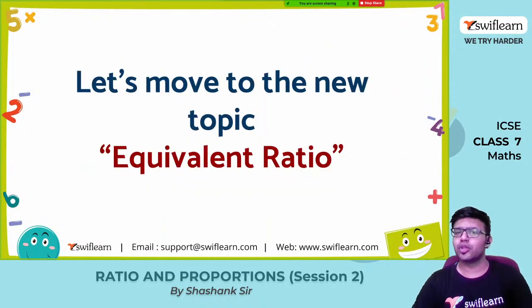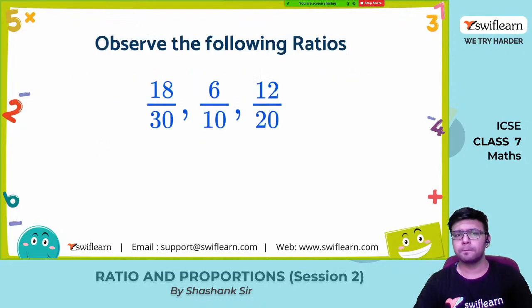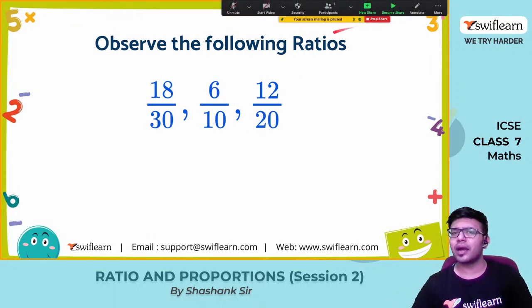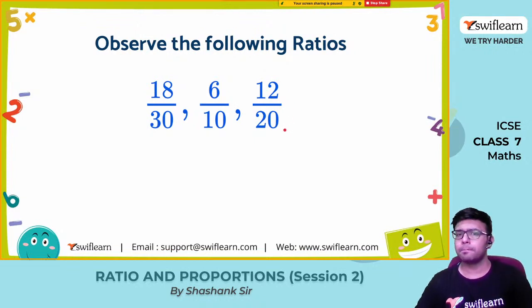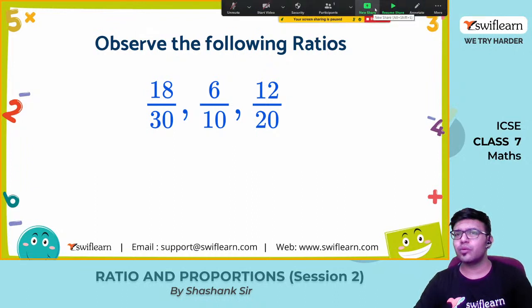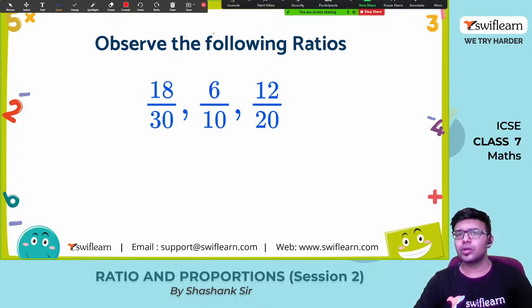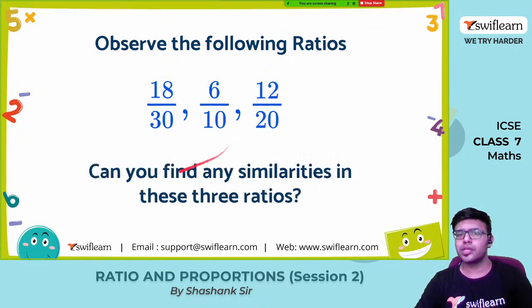Let's move to the new topic, equivalent ratio. What is this equivalent ratio? Observe the following ratios. Can you see 8 by 30, 6 by 10 and 12 by 20? How can we say these ratios are equivalent ratios? Can you find any similarities in these three ratios?